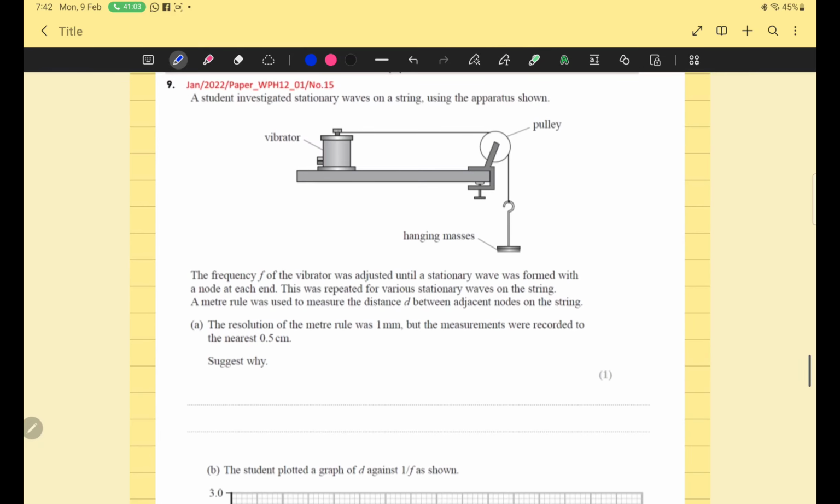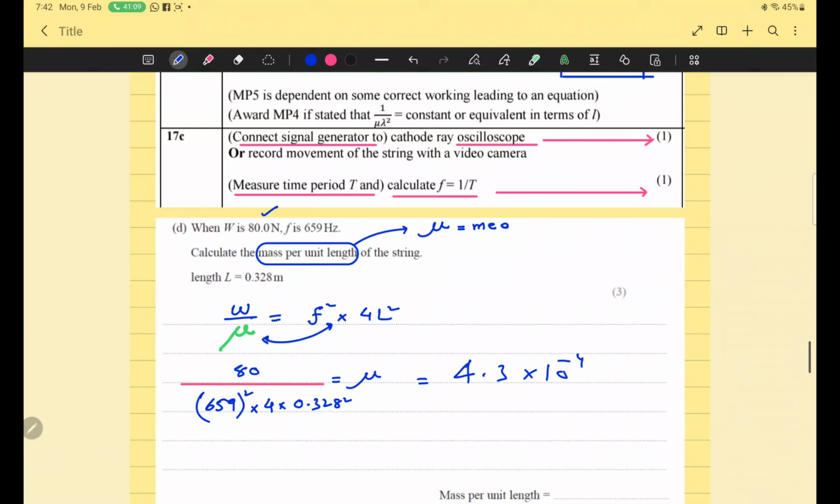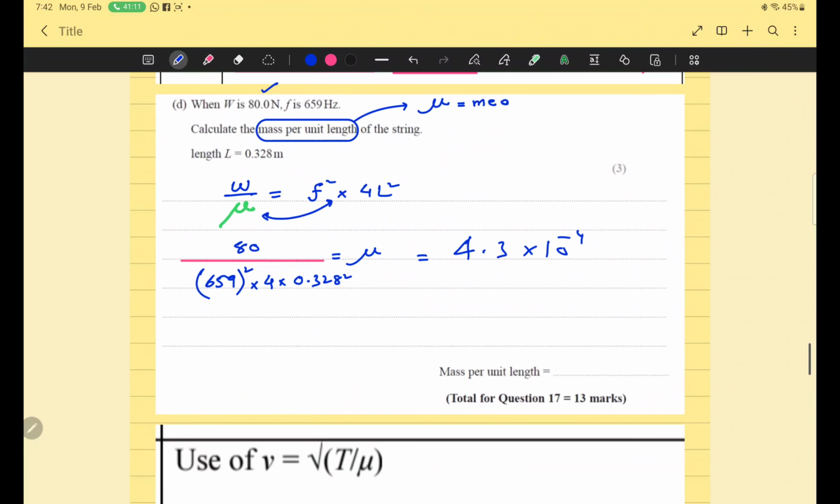And in this question, a student investigated stationary wave. Linear density is mass per unit length. Okay. And the unit of mass is kilogram and the unit of length is meter. So it is mass per unit length. Okay, beta. Mass is in kilogram and length is in meter.